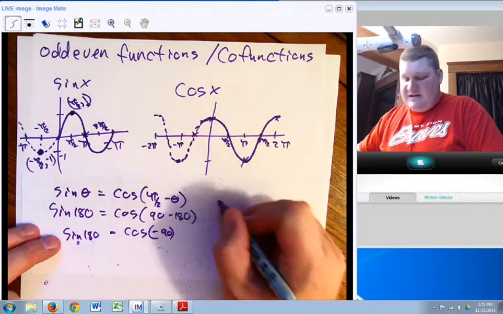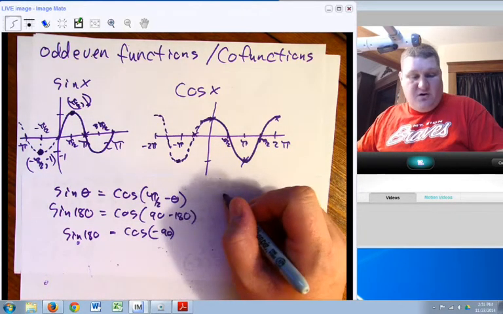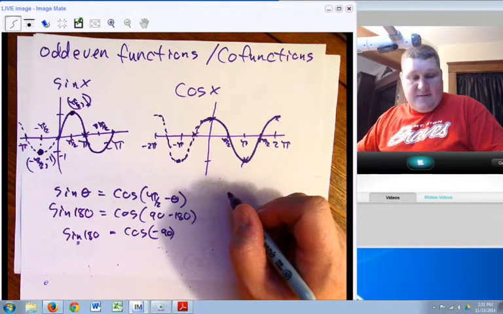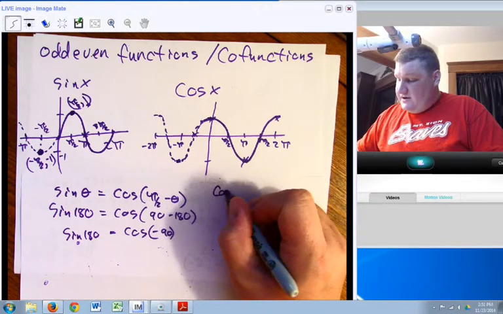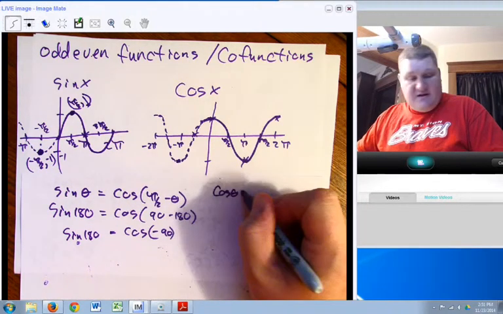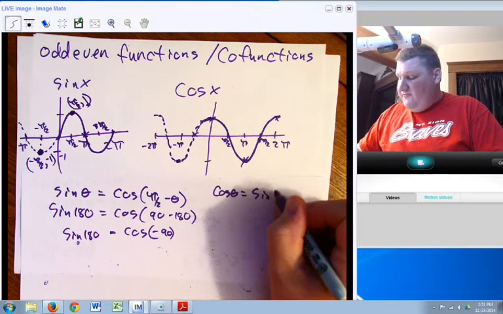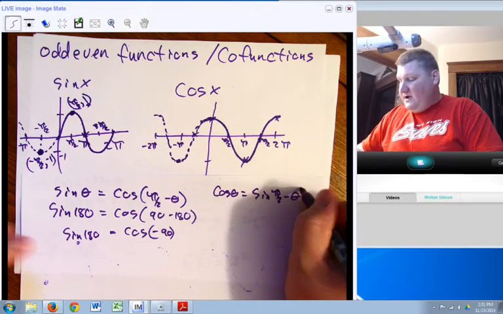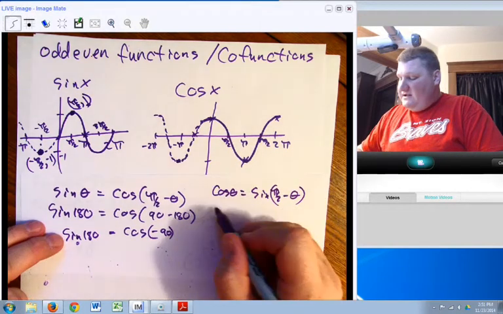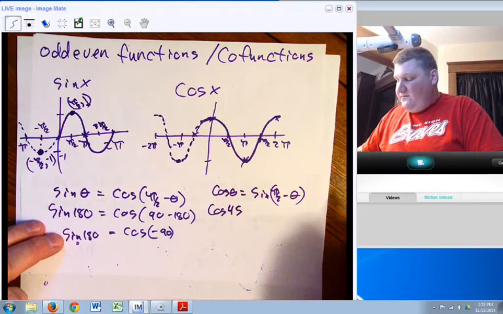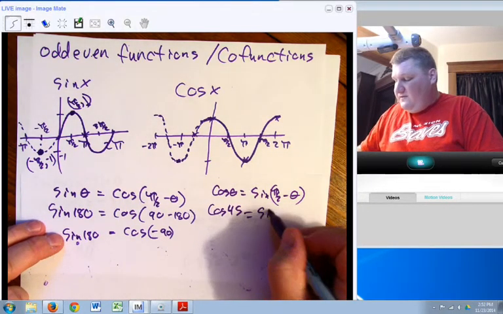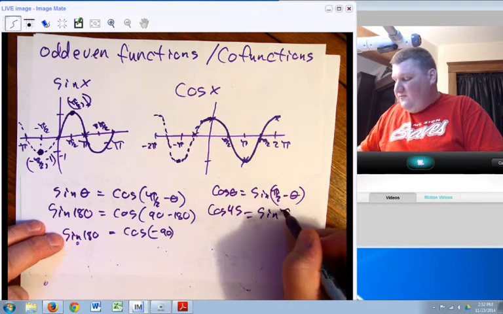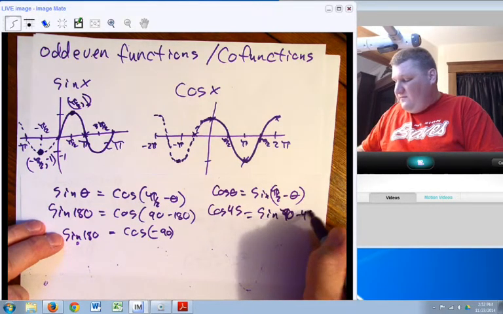Now let's test it again. Let's go with cosine of theta equals sine of pi over 2 minus theta. All right? Now, let's do cosine of 45. Well, cosine of 45 would be the same as sine of 90 minus 45.